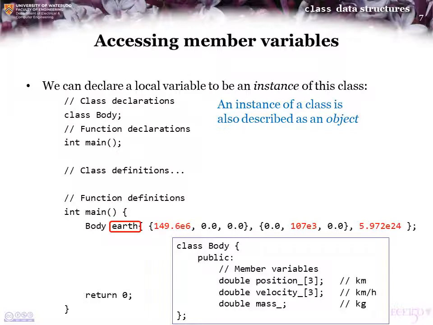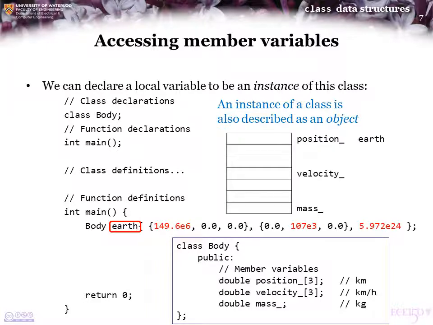So here we see Earth as a local variable declared to be an instance of the class body. When the compiler sees this, the compiler will look at the class definition and see that it requires 2 arrays of capacity 3 and a double. This means that it requires 7 doubles.